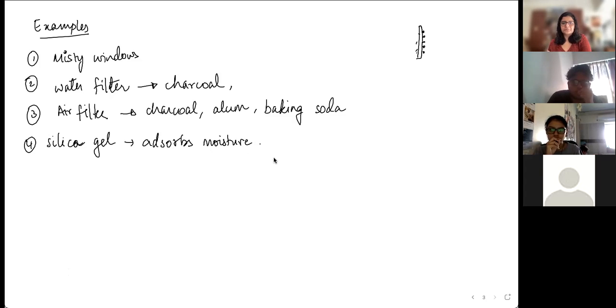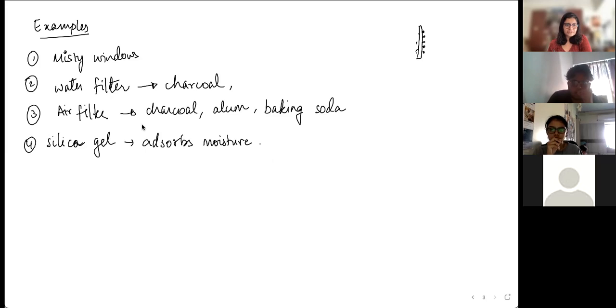Sorry, there's a sudden disturbance here. But yeah, in the presence of moisture there can be fungal growth and all, which we want to avoid because it's brand new. We want it to be perfect. So put a little bit of silica gel, it absorbs moisture.